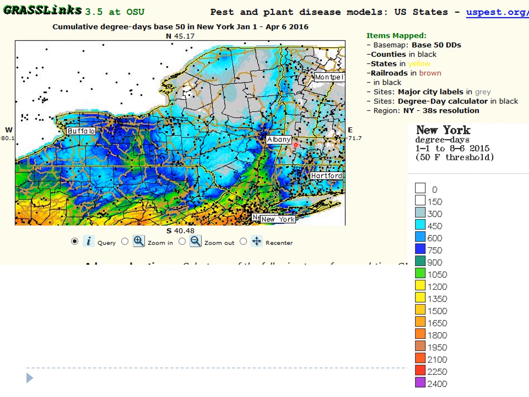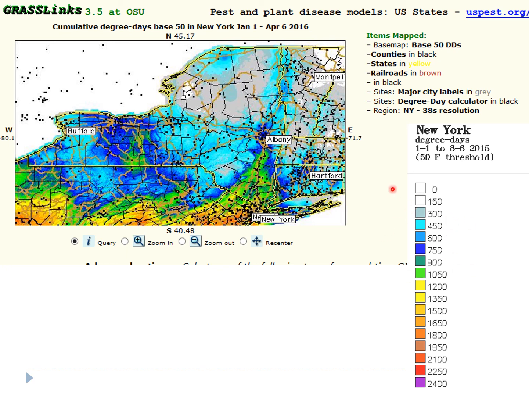And so this is the map for growing degree days in New York State on April 6th, and this was 2016. And you can see here the key in Madison County, which is this light blue color. We've accumulated about 450 growing degree days to that point, which is actually kind of a lot. We must have had a warm spring that year.